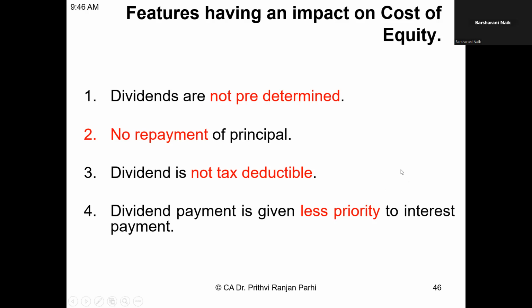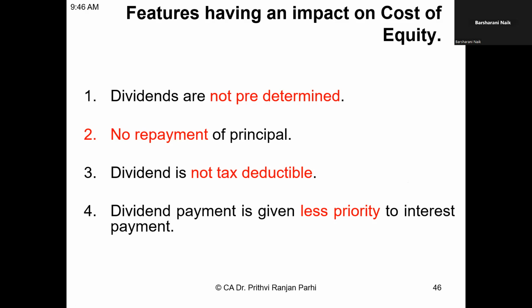Next point is that dividend payment is given less priority over interest payment. Dividend is paid to whom? To the owners, the shareholders. And interest is paid to whom? To the outsiders. So in every business, normally, first preference is given to the outsiders.